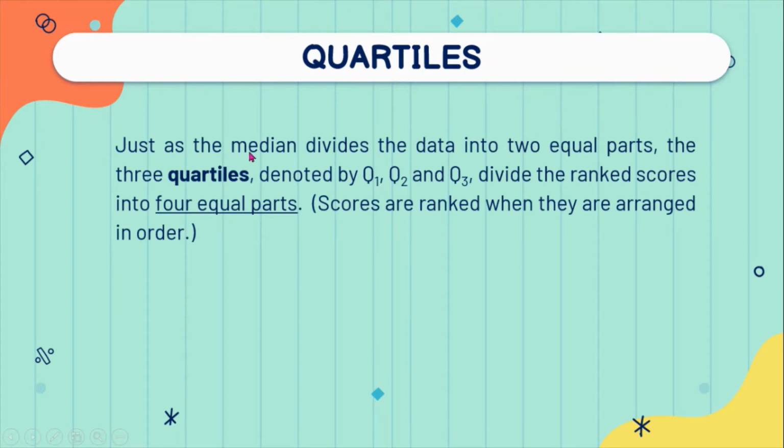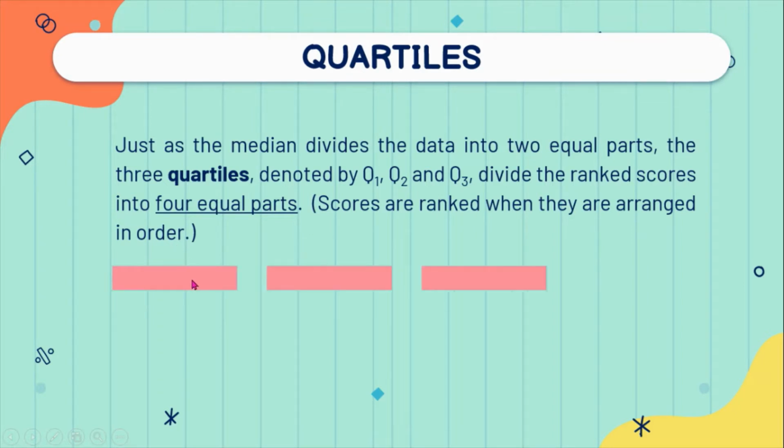Just as the median divides the data into 2 equal parts, the 3 quartiles denoted by Q sub 1, Q sub 2, and Q sub 3 divide the rank scores into 4 equal parts. Scores are ranked when they are arranged in order.